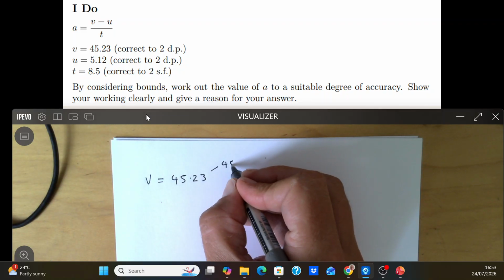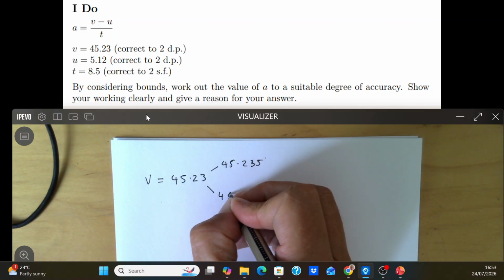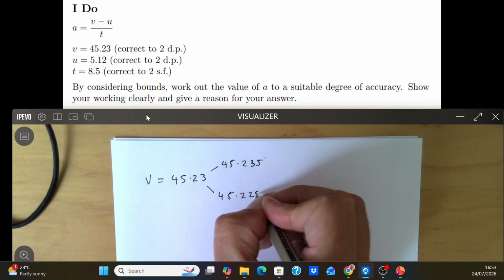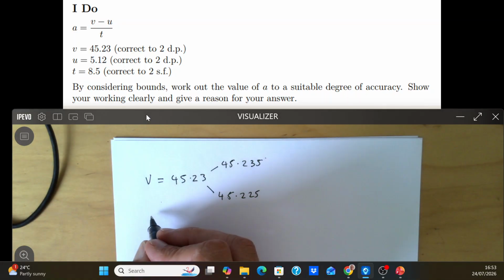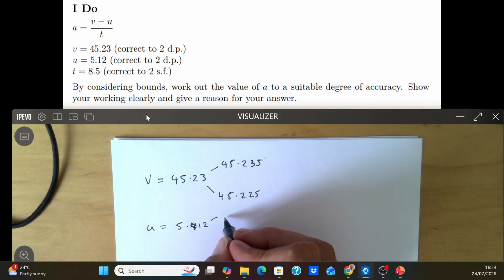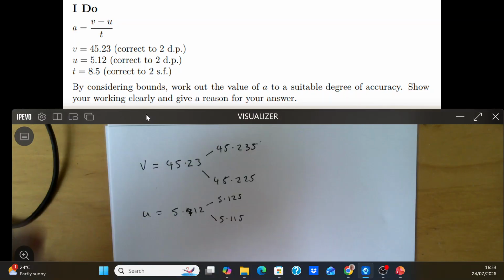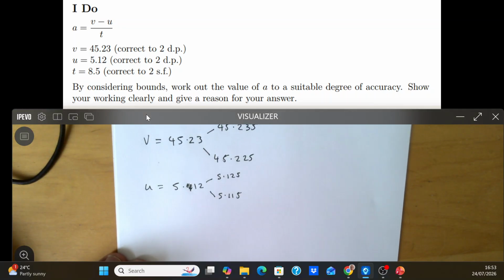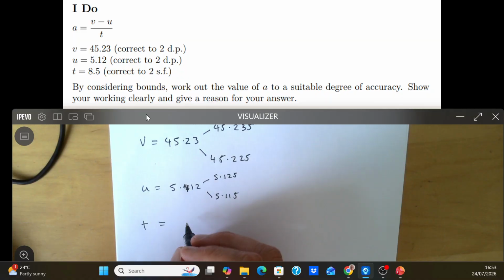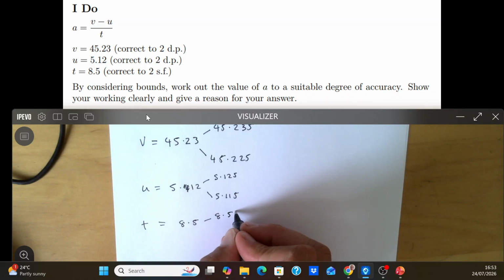So the upper bound and the lower bound are those. U and T equals 8.5, minus 8.55, 8.45.